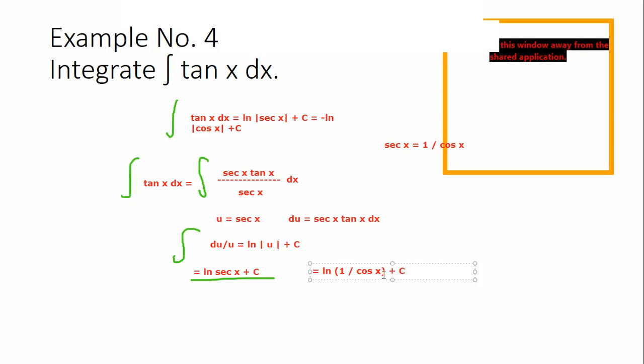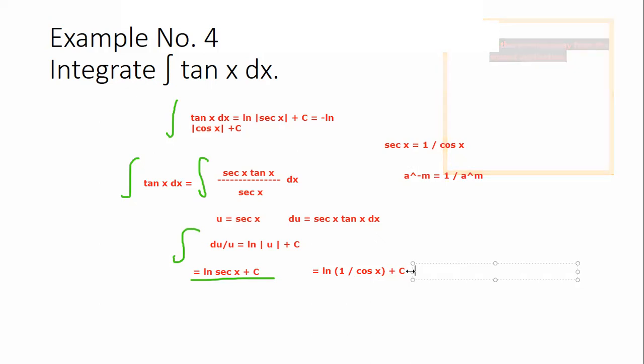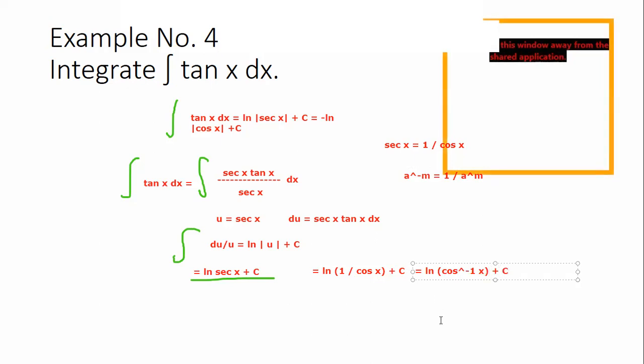Also, if we use the reciprocal rule for exponents, remember that a raised to negative n is just 1 over a raised to n. So we can say that ln of 1 over cosine x plus c is also the same as ln of cosine x raised to negative 1. This is a natural log. From the logarithmic identities, we remember that log of m raised to n is equal to n log of m.